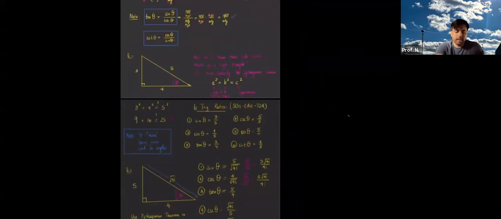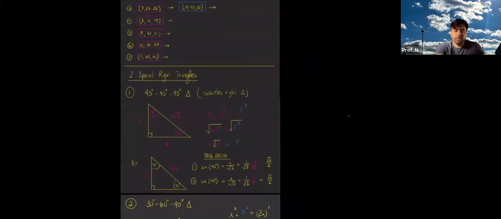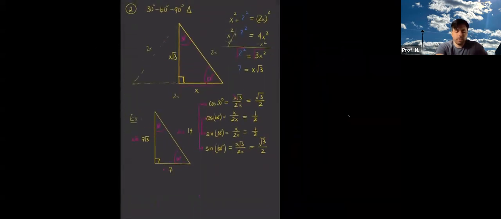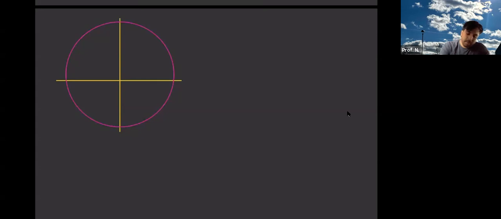So all of this is said about right triangles because I want to talk about the unit circle. So let's go back to the unit circle. What do I know about the unit circle?